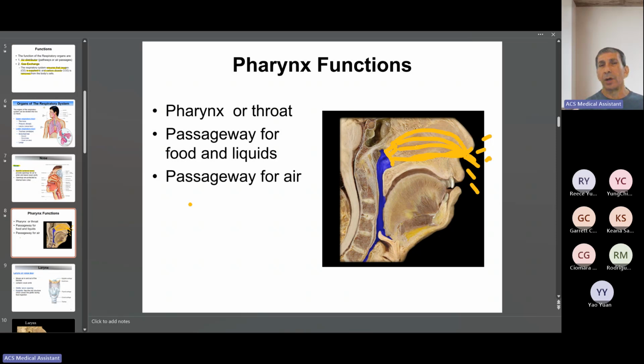Remember, the pharynx or throat is a common structure for air, food, and liquids to pass through. So this area is very common for those things. The nose on top connects with the pharynx, all this structure, until it reaches the larynx. That will be the next structure.